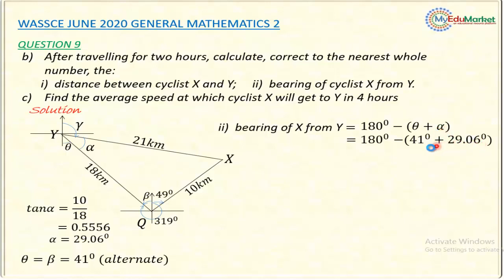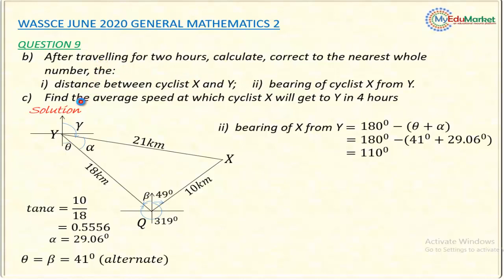So substituting, I have 180 minus bracket 41 plus 29.06. So adding and subtracting, I'm going to have 110 degrees approximately to the nearest whole number. So this will now be the bearing of x from y. So question Roman 2 under question B has now been answered also.